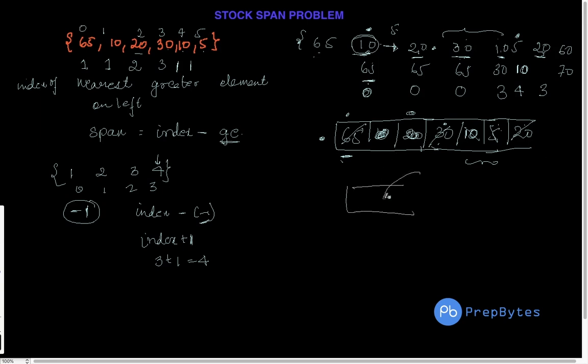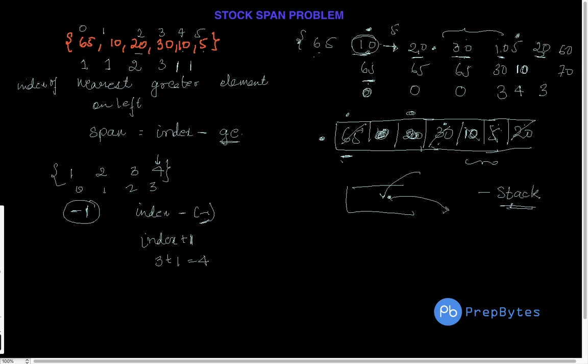We were putting data here, removing data from here, always from the top. If you know which data structure is best for this, then we have something called a stack. So this is our logic, and we have to implement this logic using stack.